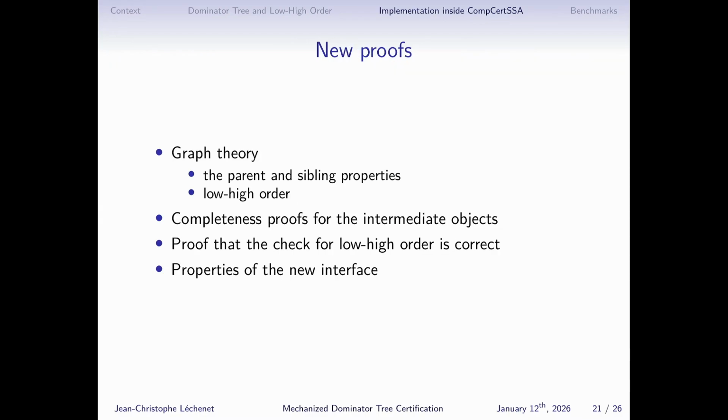Of course, we need more proofs. So all the theory about the parent and sibling properties, the low-high order, we formalized it inside Rocq, and we proved that indeed it was necessary and sufficient to prove that the tree was the dominator tree.